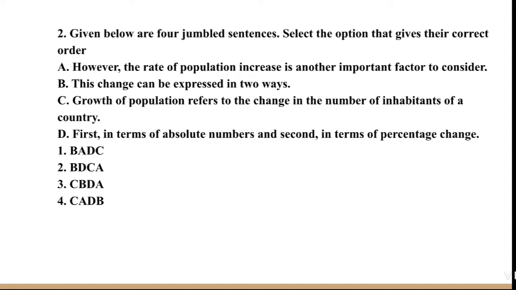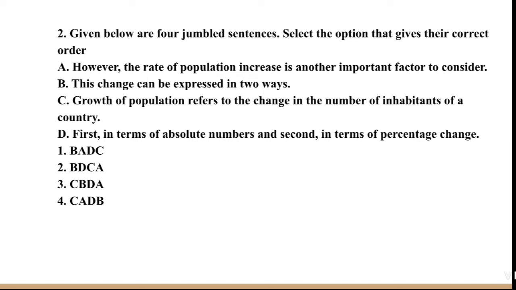Second: This change can be expressed in two ways. Option three: Growth of population refers to the change in the number of inhabitants of a country. And number four: First in terms of absolute numbers and second in terms of percentage change.